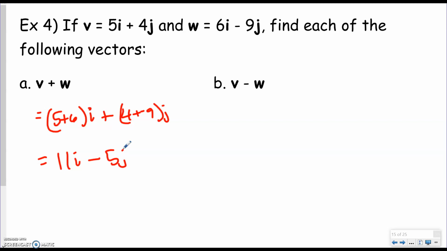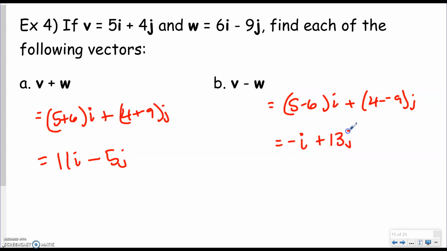When we're subtracting, we're just going to do the same thing, but subtract. Pay attention to order because that could affect your signs. So for v minus w, we're going to do 5 minus 6 times i, and we are going to do 4 minus negative 9 times j. So we get negative 1i and 13j. Okay, it's that simple, not too bad there.